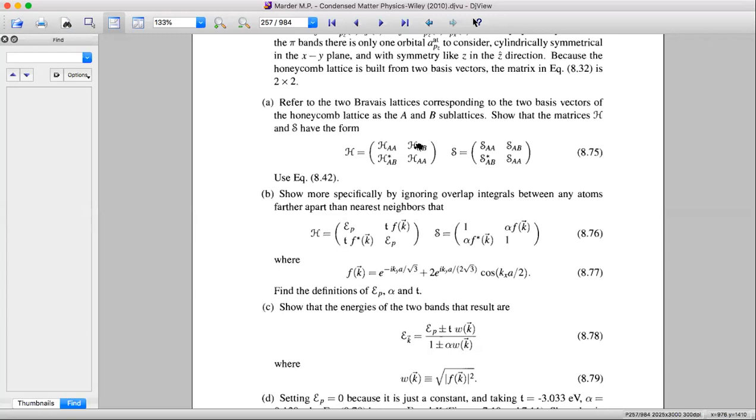So, for the sake of completeness, let me do that. Let me just find a picture for the honeycomb. There in chapter 1 in this book only. Yeah, that's okay. I should have one here as well.